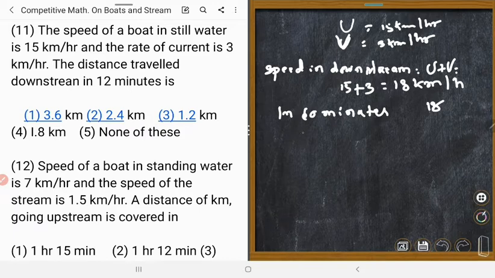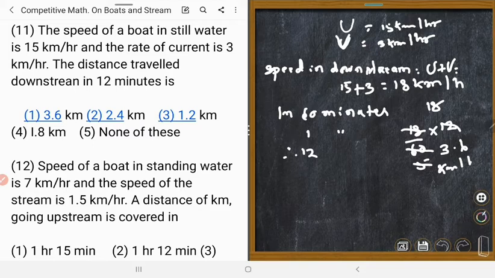In 1 minute, 18 upon 60. In 12 minutes, into 12. Could you understand? So 12, 5 the 5, 3 the 15, remainder is 3, decimal 30, 5 6 the 30. So 3.6 kilometer.